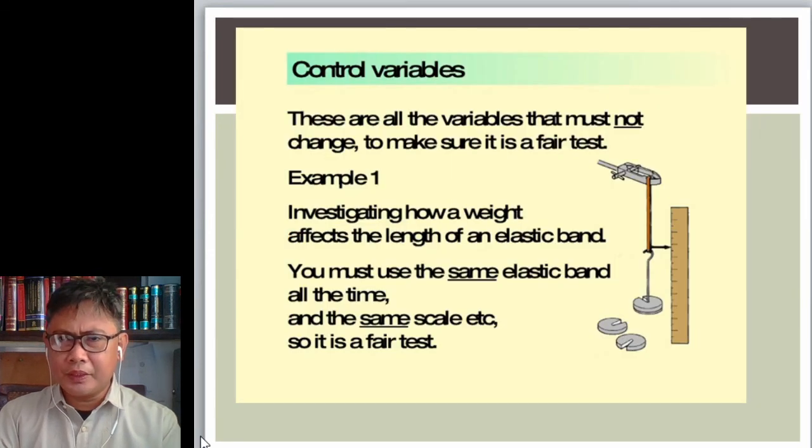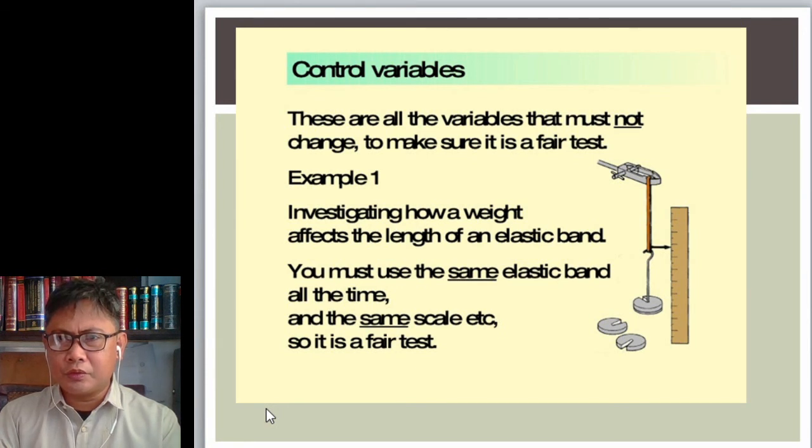An example of a control variable is this one. These are all the variables that must not change to make sure it is a fair test. For example, investigating how a weight affects the length of an elastic band.